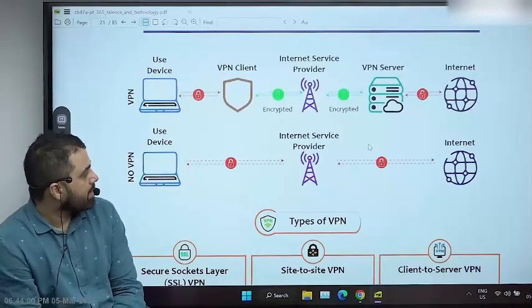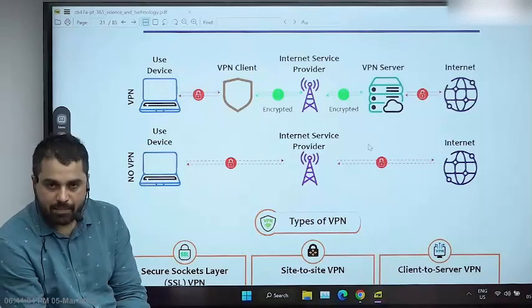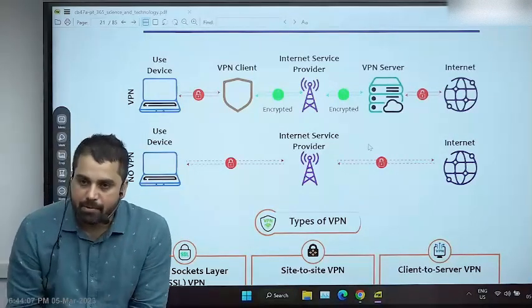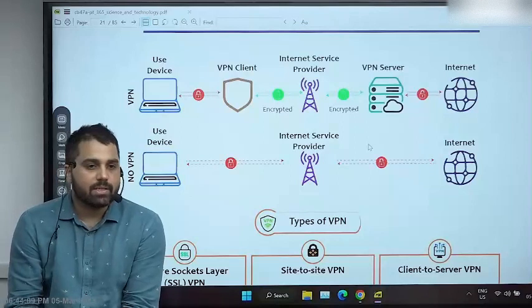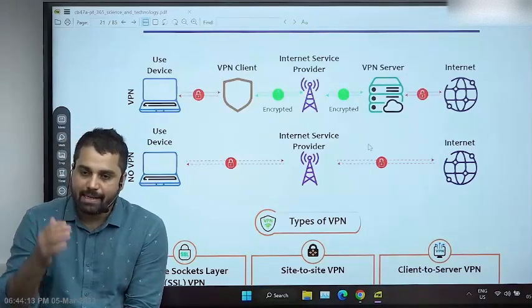So virtual private network, they are provided by VPN providers. There are companies. What they will do, if you subscribe to them, they will create a virtual server for you. So if anybody is looking for you, they will hit this wall.